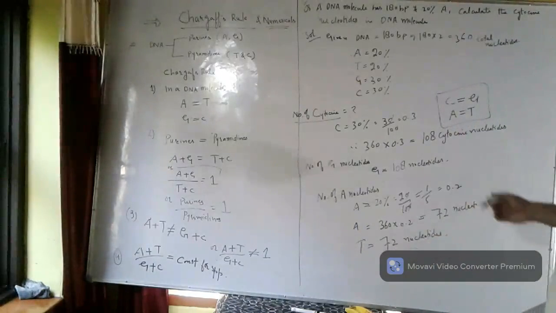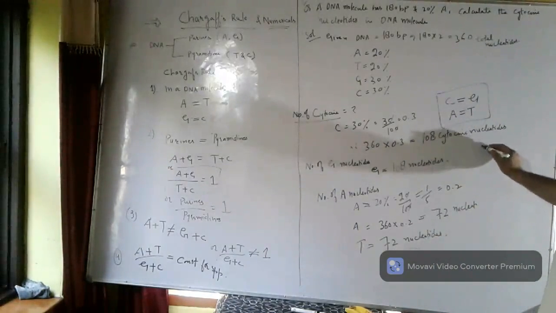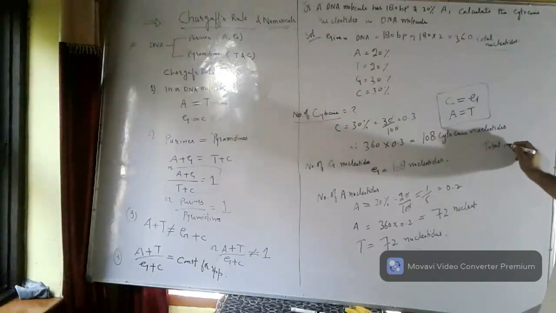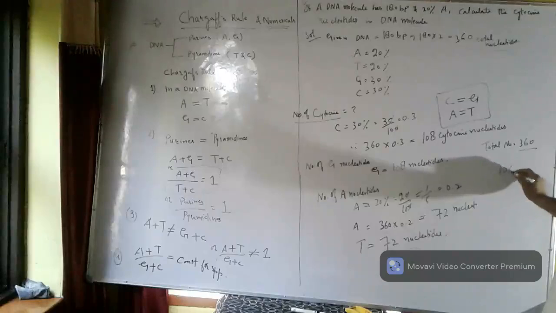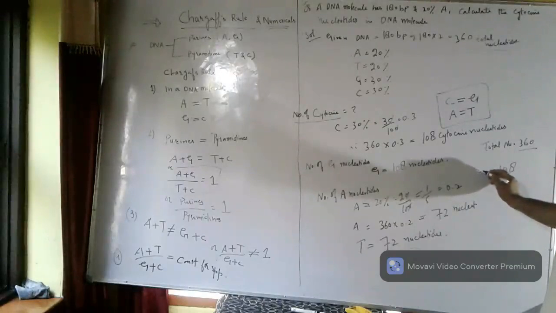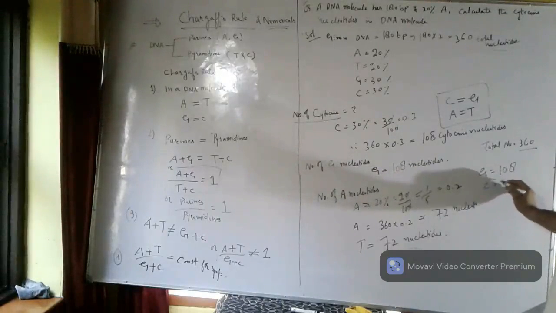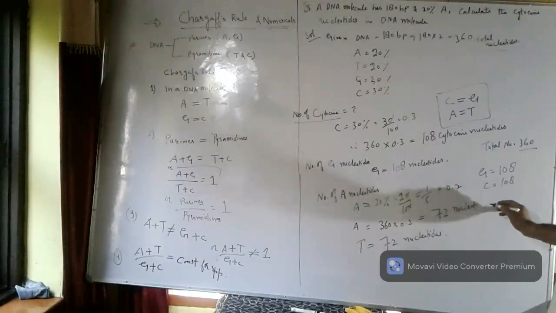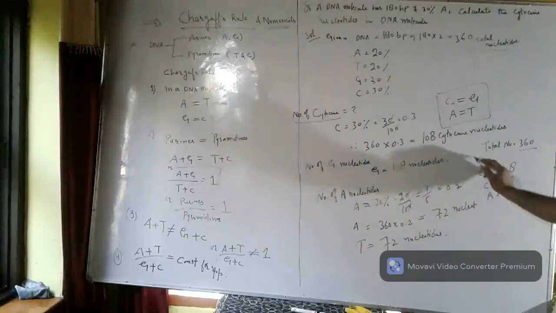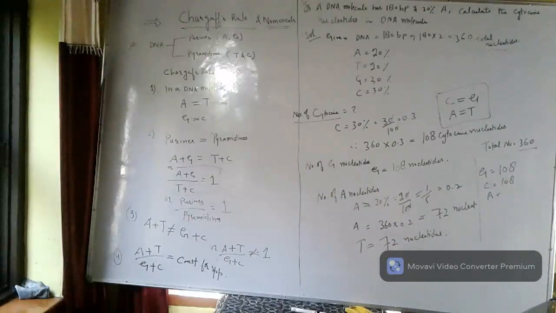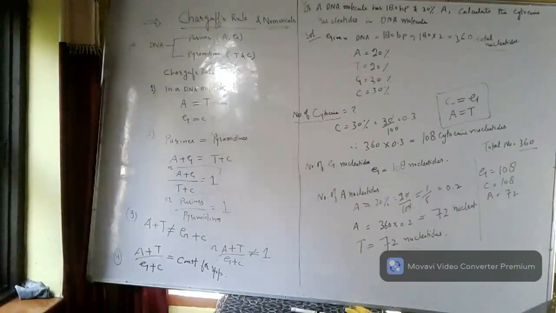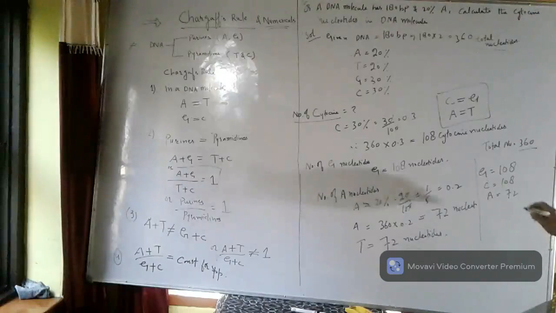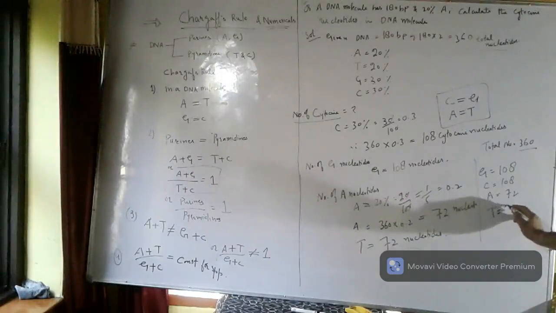We can also calculate the total nucleotides as a cross check. We have total nucleotides 360. Guanine is 108, cytosine is 108. Then we have adenine 72, and thymine would be 72 also.